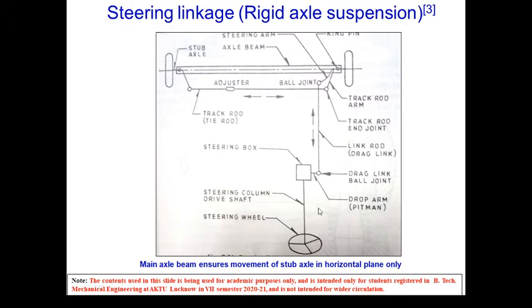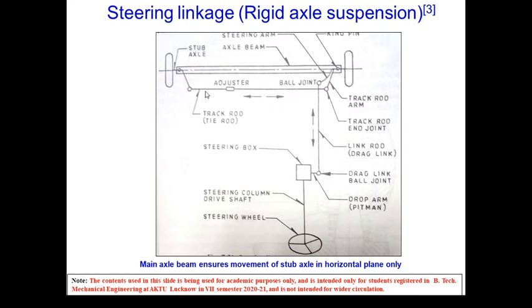So how will the motion be transmitted? Here the driver is sitting, and he will be turning the steering wheel. When the driver turns the steering wheel, this motion is transmitted to the gearbox. This gearbox then converts that motion into the oscillatory motion of the drop arm, and this motion, using the link rod, is transmitted to the steering arm and track rod, and through the track rod to the tie rod, and using the tie rod and track rod, the stub axle is turned as per the requirement.